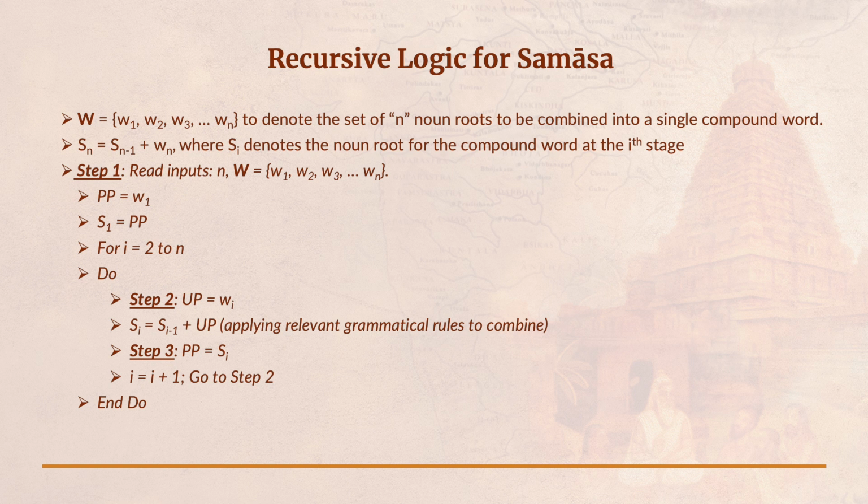Now replace Purvapada with the new compound word, then take the next word as the Uttarapada and add it, and one can go on like that until you exhaust all the n words. That's what this recursive logic is. The final Sn is W1 plus W2 plus W3 up to Wn, and that becomes the noun root for this compound word. Then you can attach suffixes and get whatever noun forms you need. That's what this structure is.